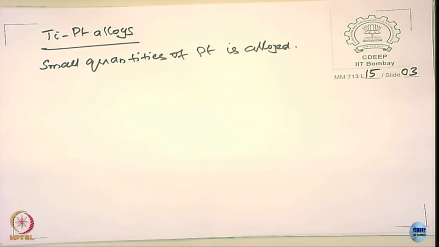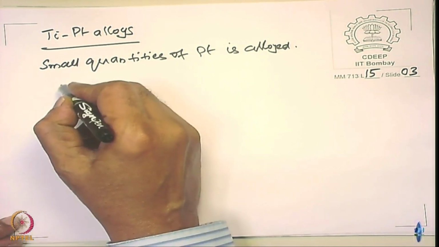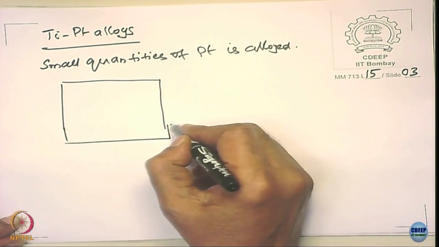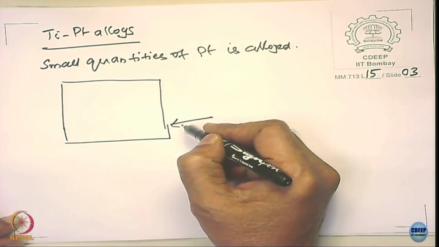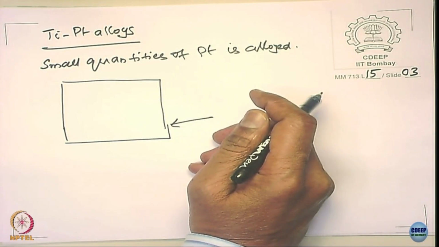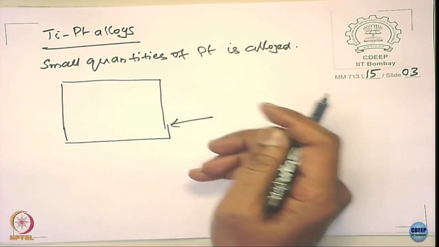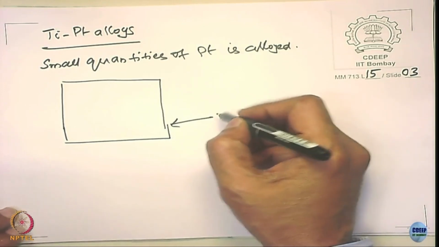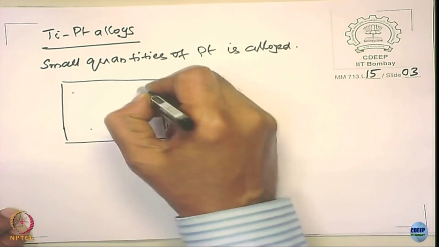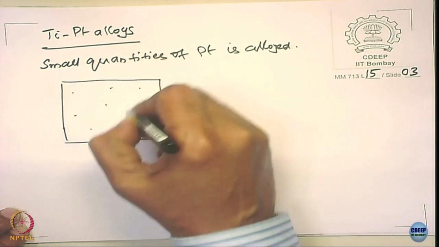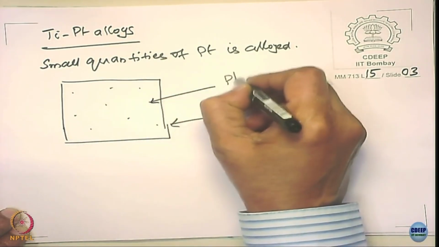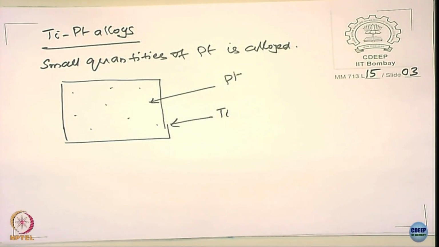How does it go? I have this titanium alloy, and I have a very small amount of platinum. How does it work?